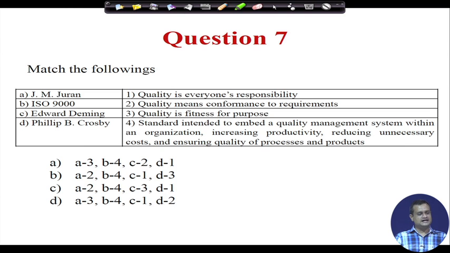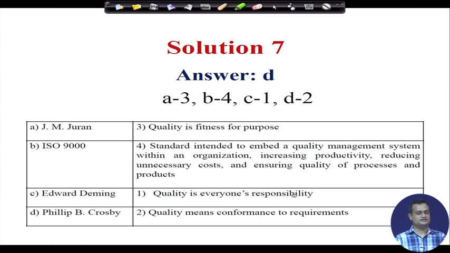On the right side, 1 is quality is everyone's responsibility. Second, quality means conformance to requirements. 3, quality is fitness for use, and 4, standard intended to embed the quality management system within an organization, increasing productivity, reducing unnecessary cost and ensuring quality of product and processes.